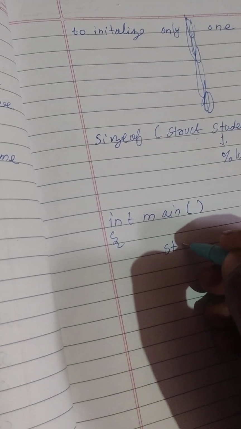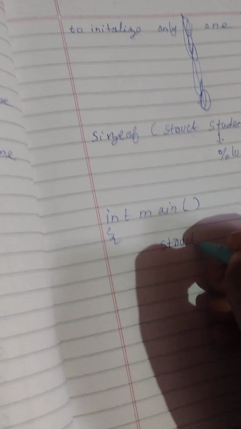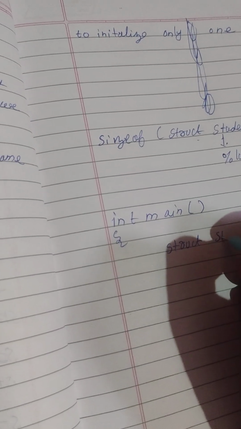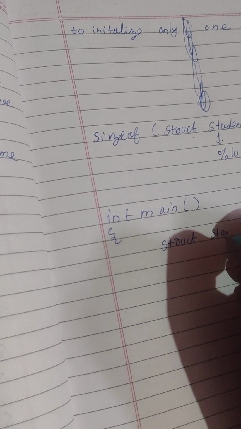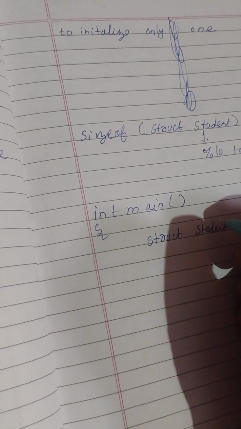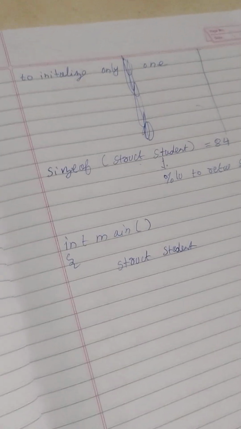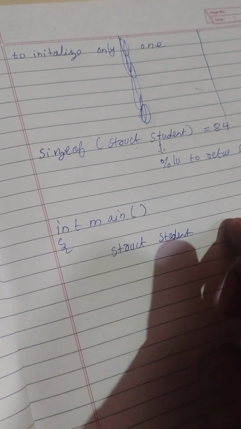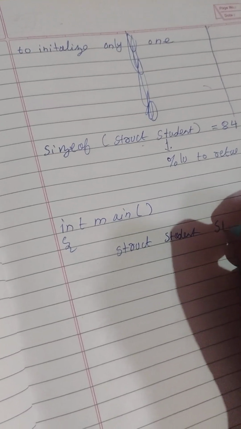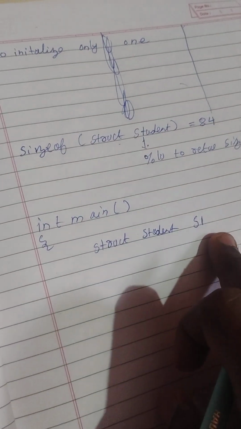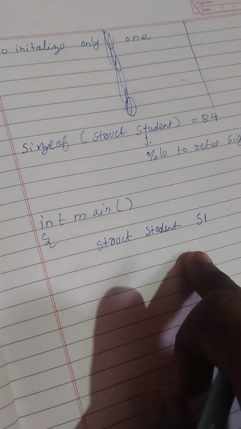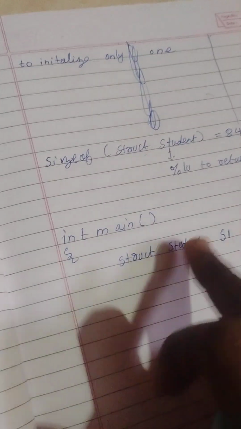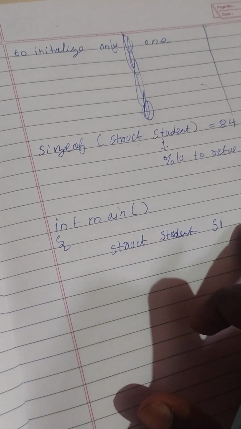To declare a structure variable, first I need to write the struct keyword, then the structure name, and then only the structure variable name. Structure name is different, structure variable name is different.